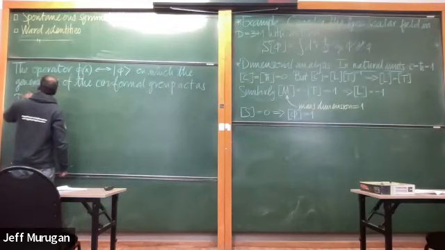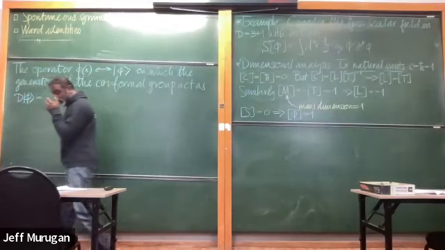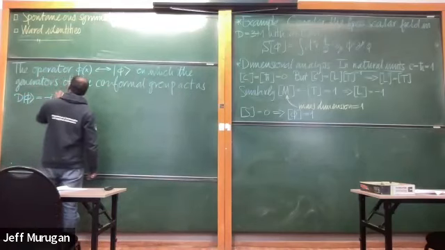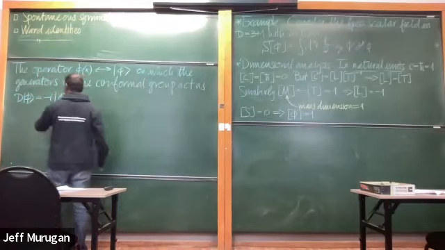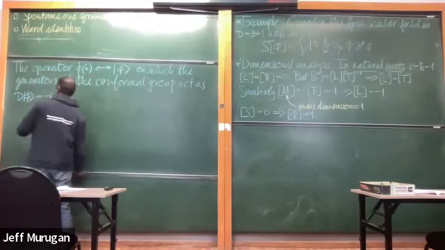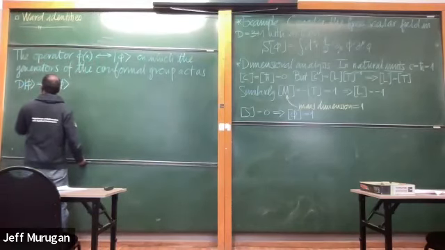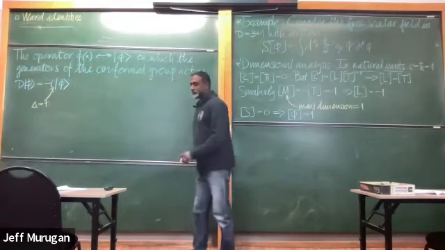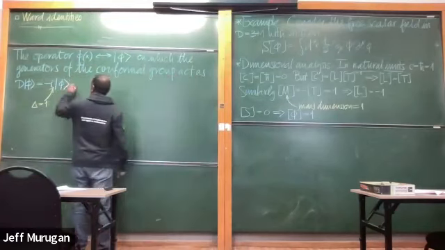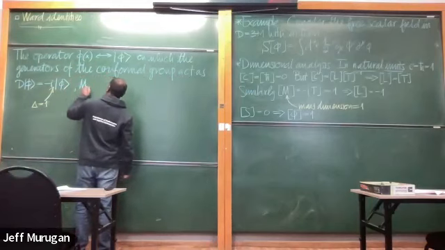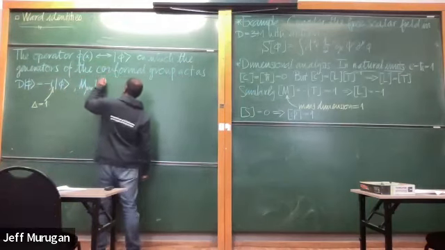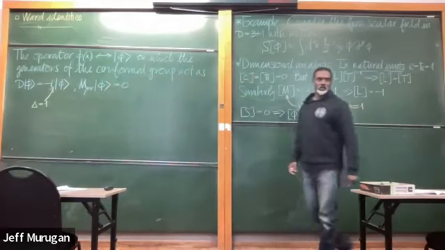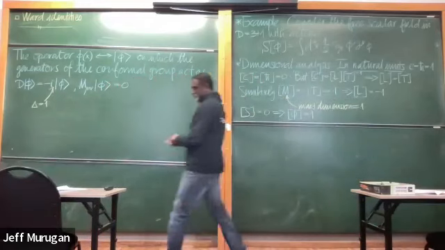D phi is just minus I times phi. And this is because the dimension of phi is 1. The generator of Lorentz transformations on phi is 0. That's because we're talking about a scalar, so it doesn't carry any Lorentz indices.